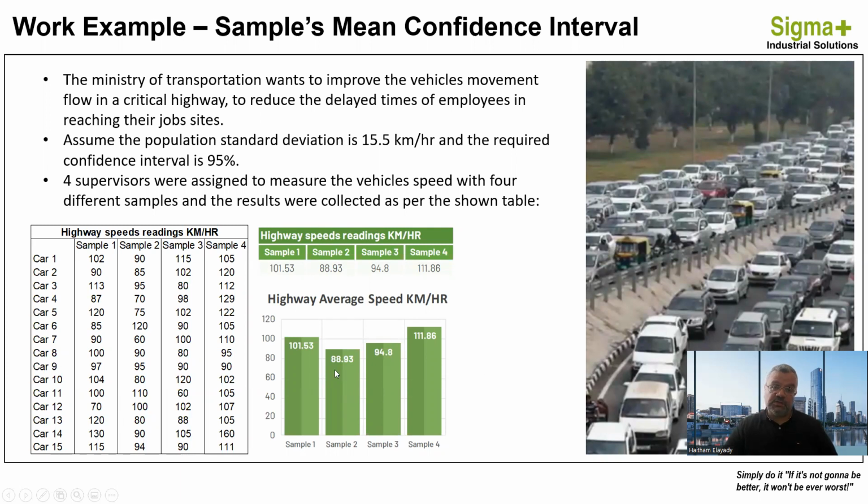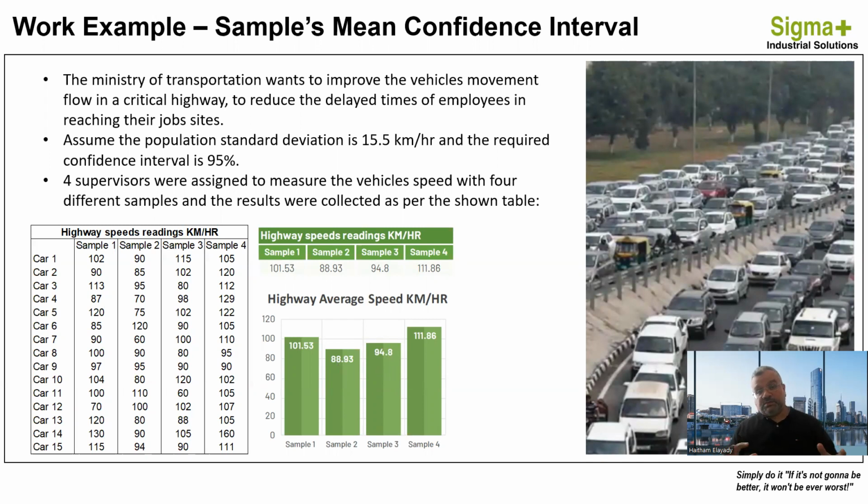The first observation is that there is a difference in value between the samples. The average for the first sample was 101 kilometers per hour, the second was 88.9 kilometers per hour, the third was about 95 kilometers per hour, and the fourth was 111.8 kilometers per hour.